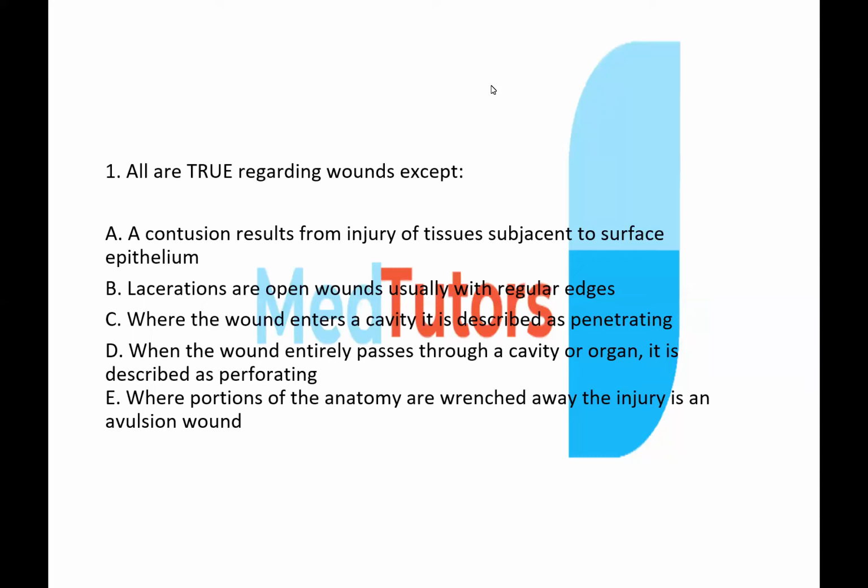So the instruction here is choosing the single best option. Is it clear? Now, look at these options carefully. They are definitions of different types of wounds. When you say contusion, it's a type of closed wound. Contusions and hematomas are closed wounds. Ecchymosis is a type of hematoma. Contusion and bruise are the same thing.